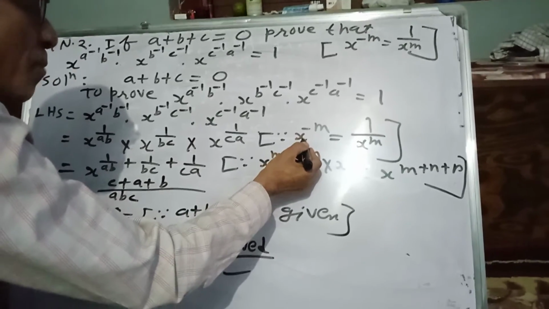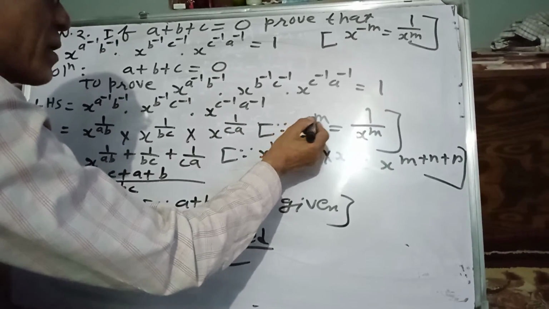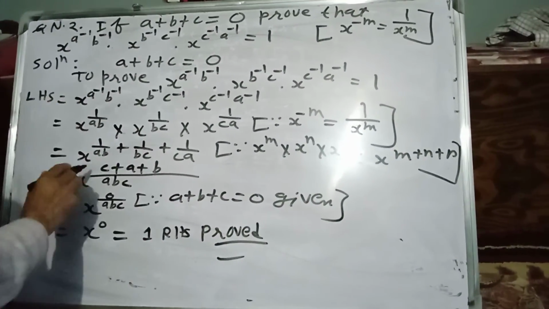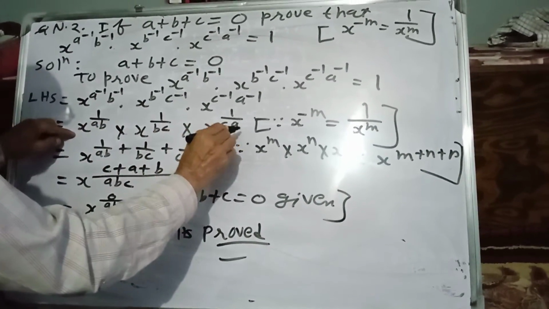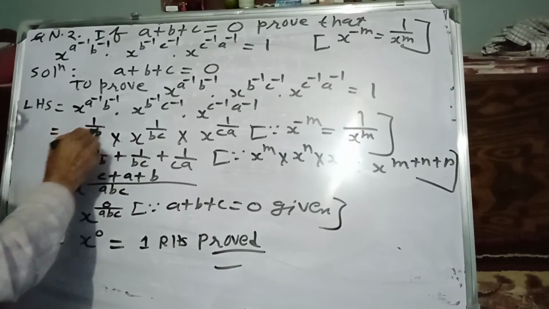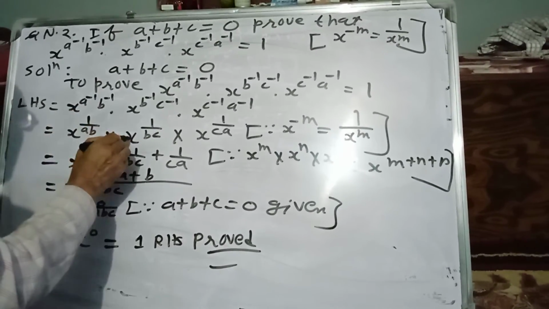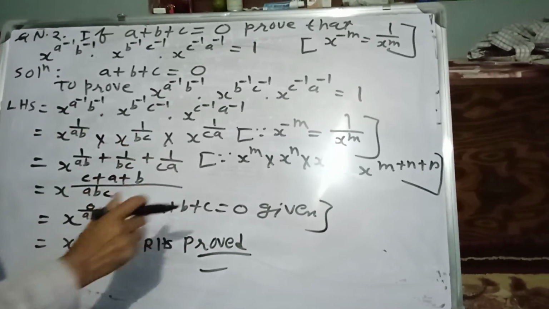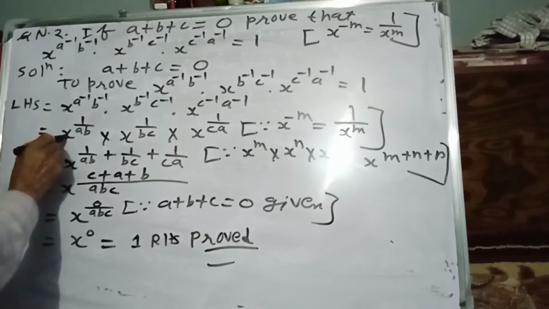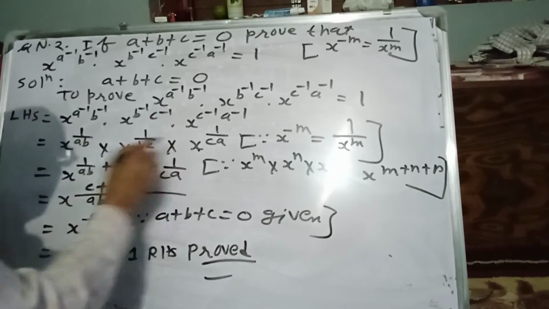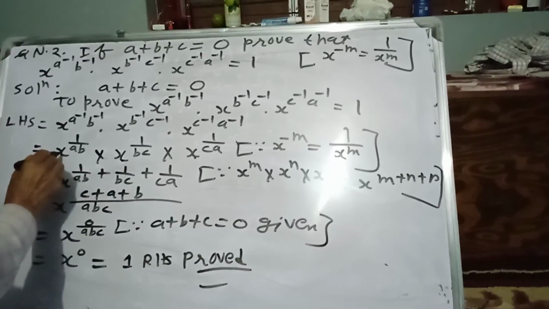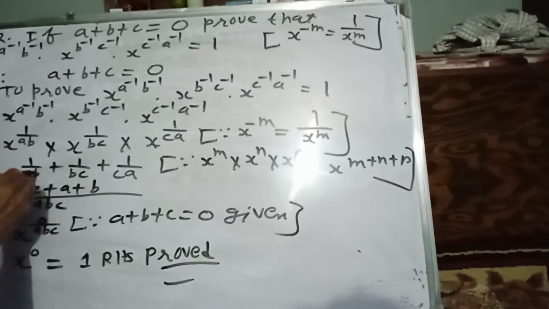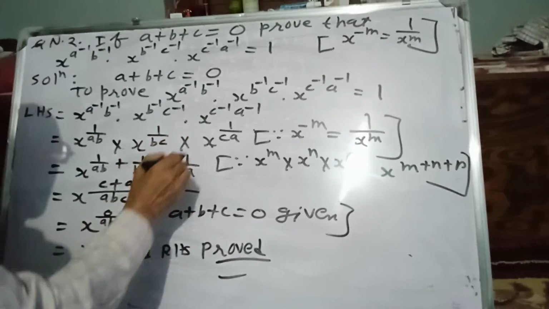Use this law of index: x to the power minus m equals 1 by x to the power m. Now, in the multiplicative form, add all the powers if the base is the same. If the base is not the same, if there is x, y, z, don't add. Same base, so x to the power 1 by ab plus 1 by bc plus 1 by ca.